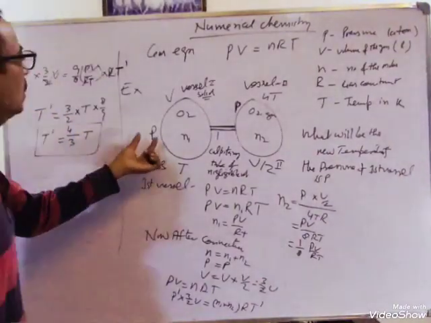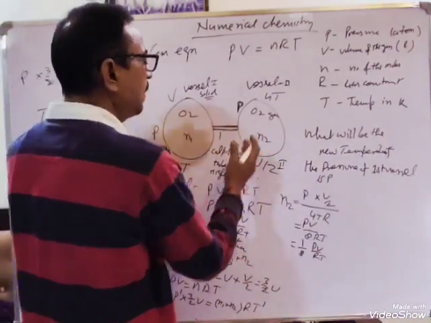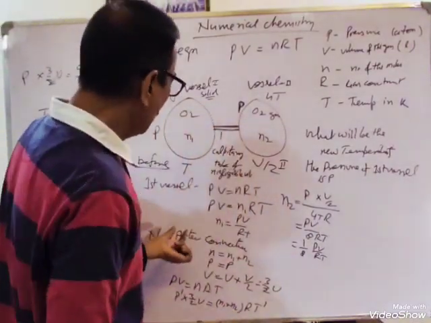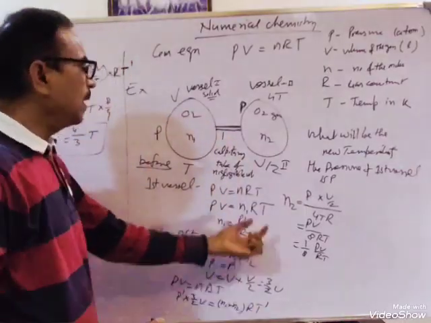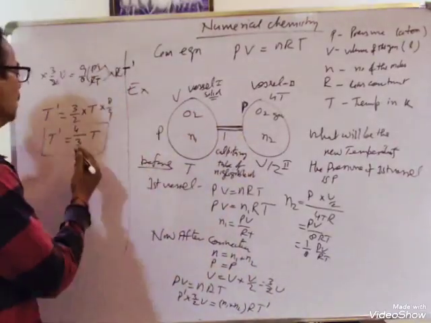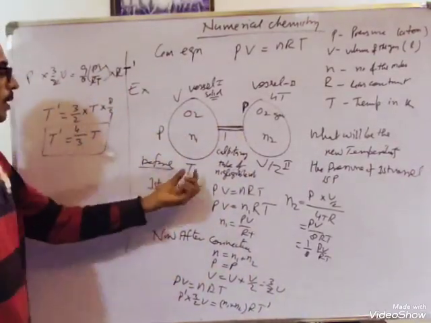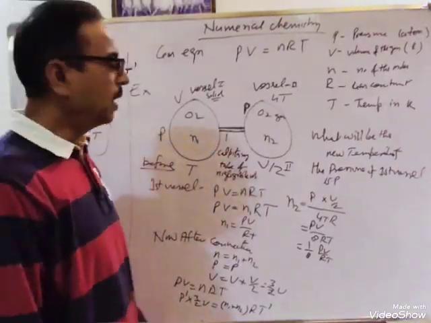If pressure is constant, here pressure is constant, so after connecting, the pressure will be the same, and the temperature will differ. So what will be the new temperature? The temperature will be 3/4 of T. So the answer will be 3/4 of T.